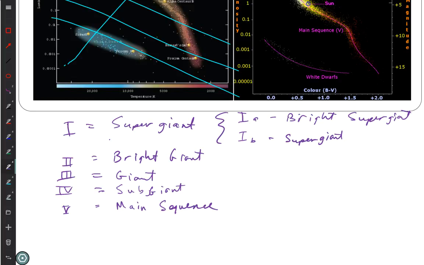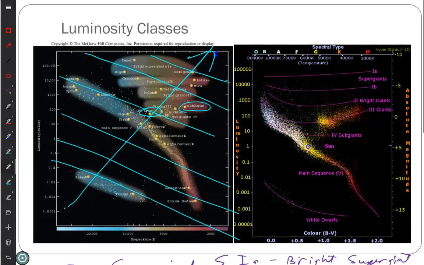Why are they luminosity classes? Well, because in general, the lower the number, the more luminous it is. But that is only a generality. So what luminosity class does the sun belong to? It's a 5.